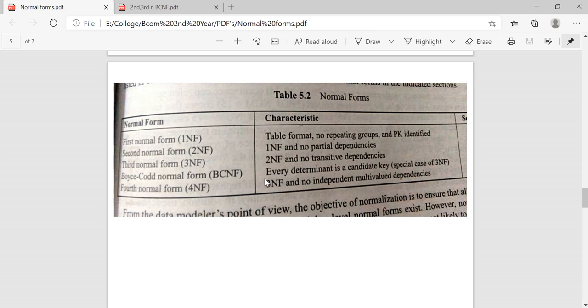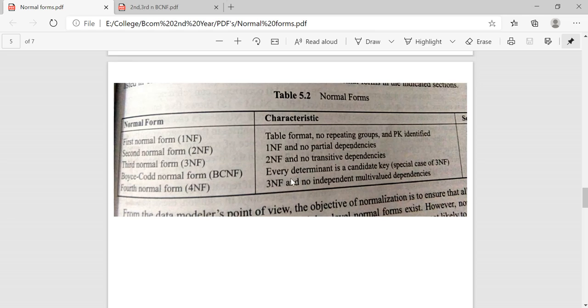And the next one is Boyce-Codd normal form, BCNF. Every determinant is a candidate key. This is called a special case of third normal form. What is a determinant? The left part of the functional dependency or dependency diagram is called the determinant, the key or the attribute which is determining the other attributes.